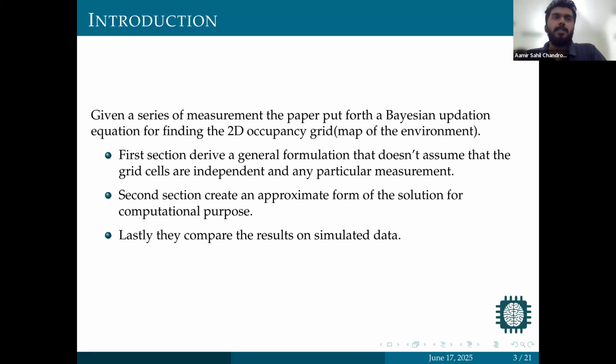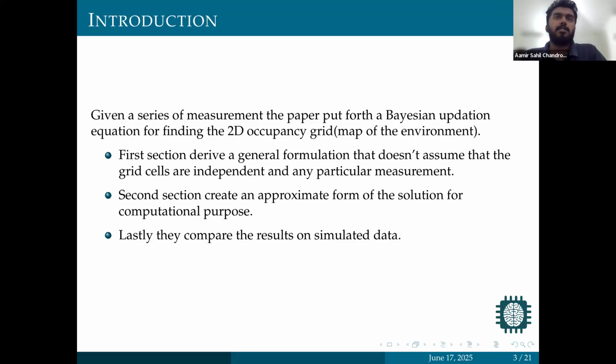The paper is divided into sections. The first section derives the general formulation, essentially a Bayesian updation rule used to generate the map.